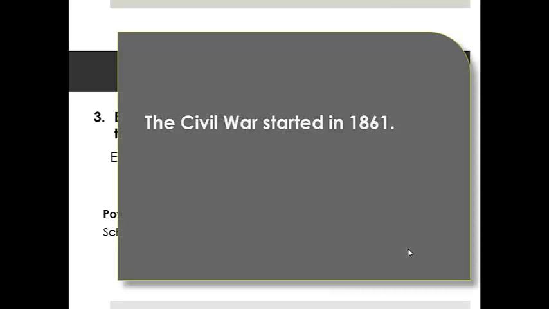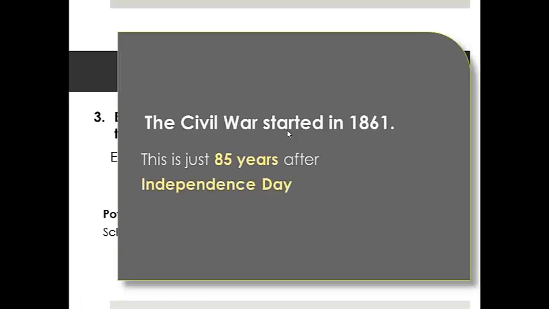So do you think that it will be easier for students to remember the year the Civil War started by telling them that it occurred 85 years after the Independence Day? What do you think? Probably not. Not only they need to remember the number 85, but they need to also add it to 1776.